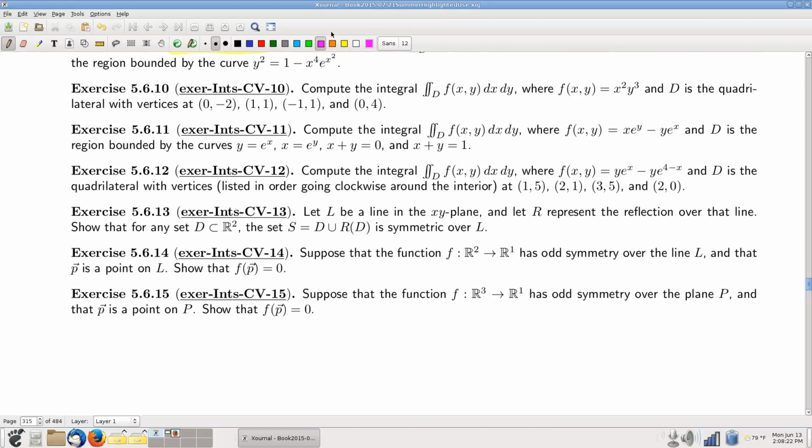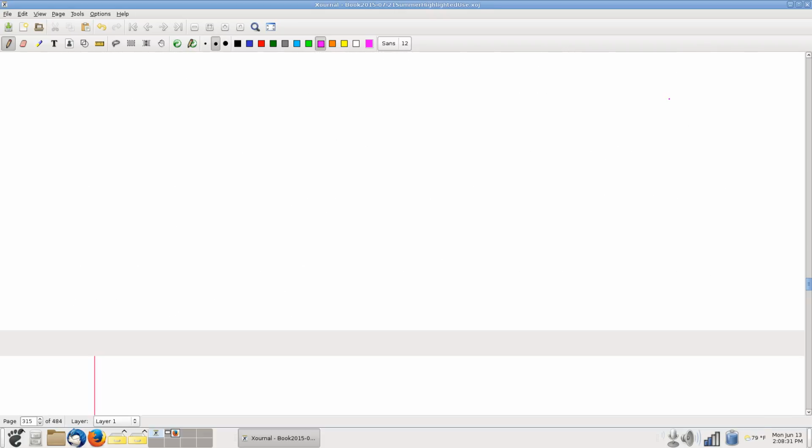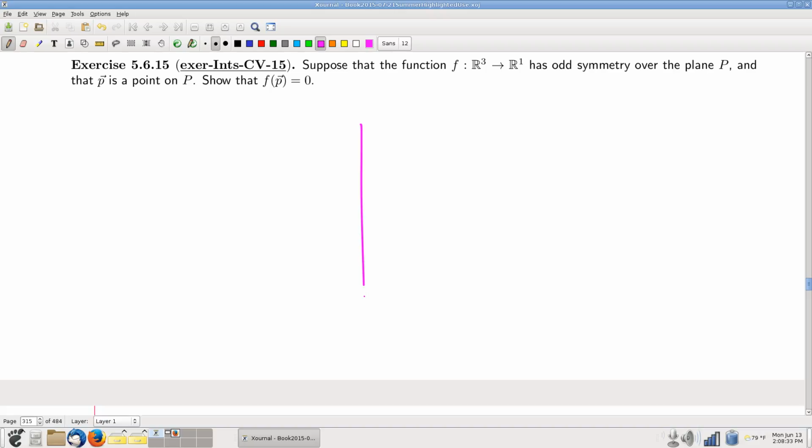So let me recopy here. Well, I want to replace y with minus y, and I have to draw a picture. If you take a point (x, y), where is (x, -y)?